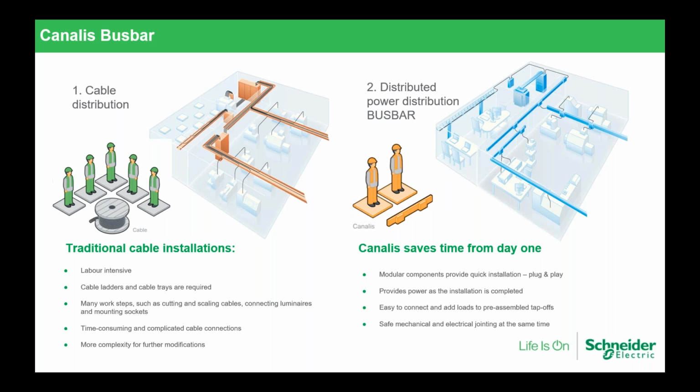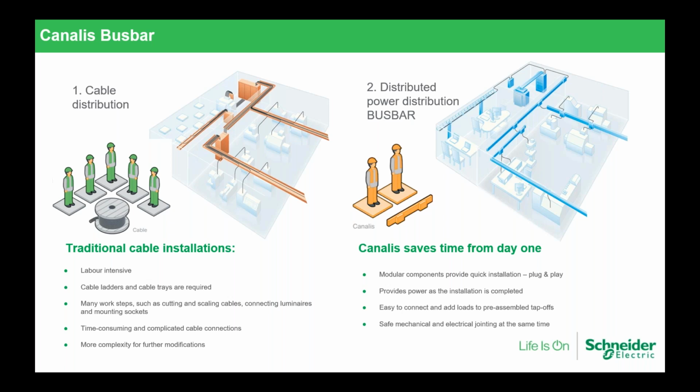But with a bus bar, you have a big bus bar which, just as an example, covers 1,600 amps. Even if you extend something in your building, you already have the bus bar in place, and it could be only a matter of changing maybe the protective device or the tap-off if needed, but you don't need to change the full length of the cable. So this is one of the advantages of using bus bar instead of cables.